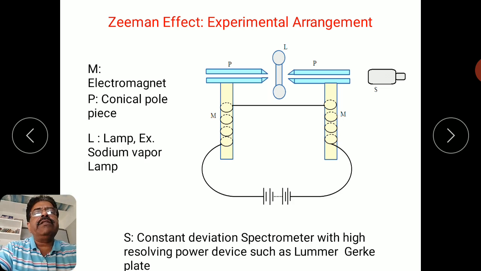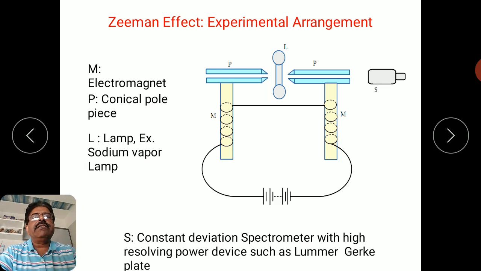It is a characteristic of that particular element, just like a fingerprint. Every person has a different fingerprint. So every element, when you treat it as a source of light, will have a unique spectrum. It will have a set of specific spectral lines, and that is the unique characteristic.